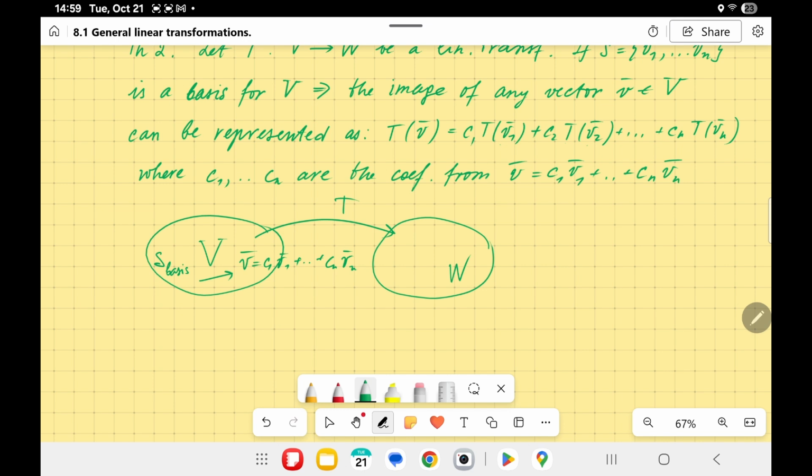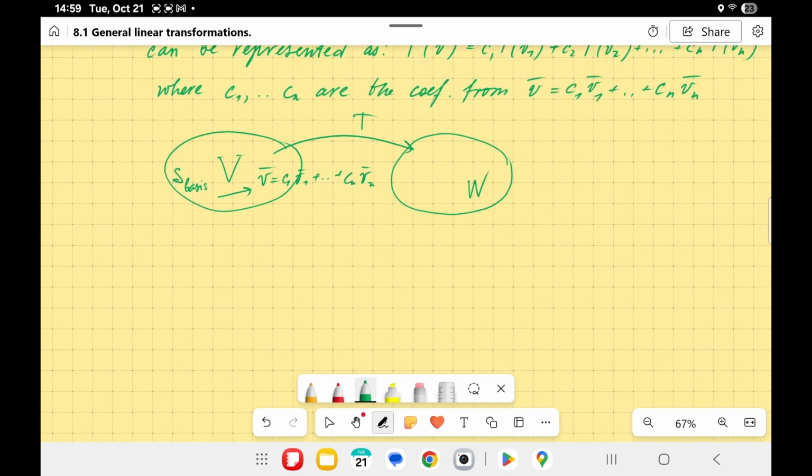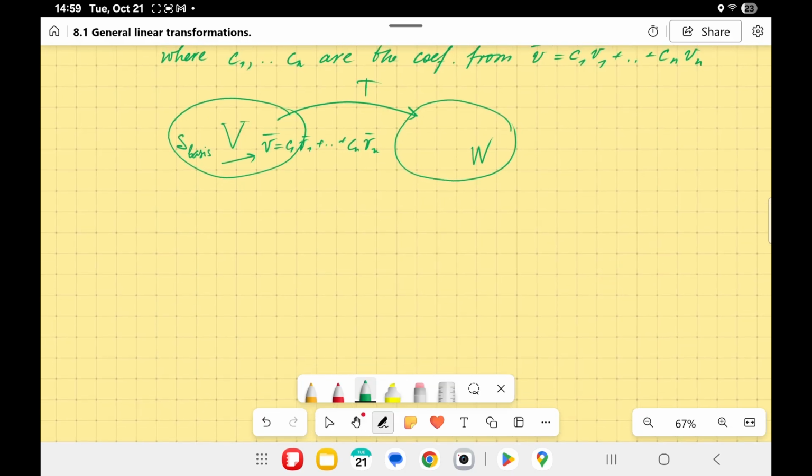I'm going to show you an example of such a transformation. Again, it's not necessary that the basis becomes a basis again after the transformation, but at least homogeneity and additivity are going to provide us with the resulting vector. Let's consider an example of how we can use this theorem.